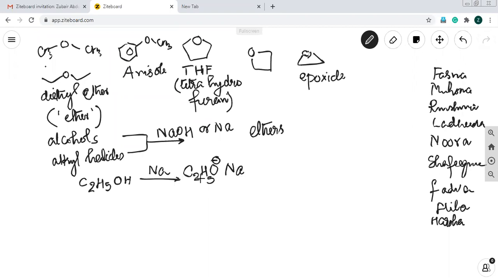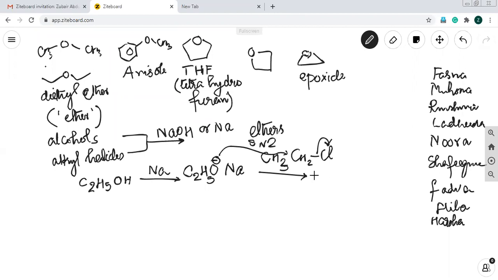So you have generated a strong nucleophile. Now you are reacting this with C2H5I, CH3CH2I. See, a strong nucleophile and a primary alkyl halide: it attacks on this carbon and this is going out, an SN2 mechanism.